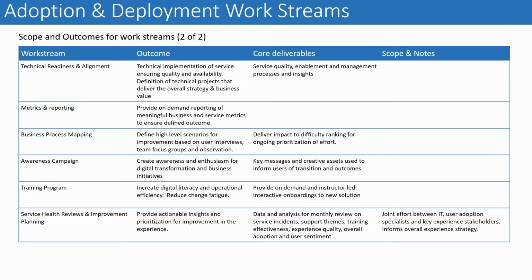And the outcome there is understanding the technical implementation of the service and to ensure quality, availability, reliability, and health, and also to identify any obstacles that you may have to onboarding to the service or changes you may need to make in your existing network configuration or other technical components to use the service successfully. The people who work on technical readiness and the person who's in charge of ensuring alignment between the technical capabilities and the end user expectations also have a hand in metrics and reporting.